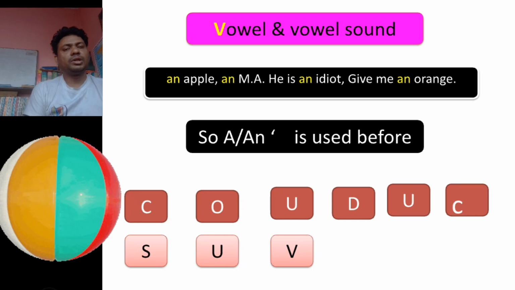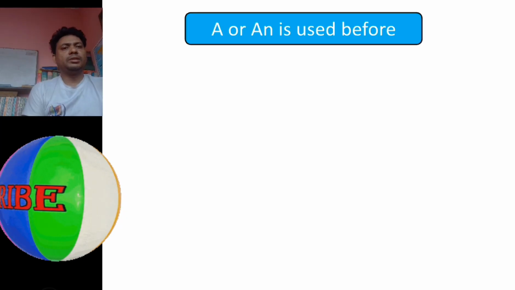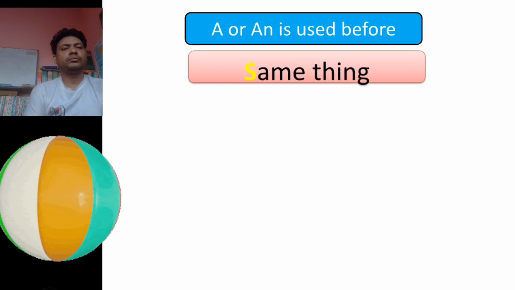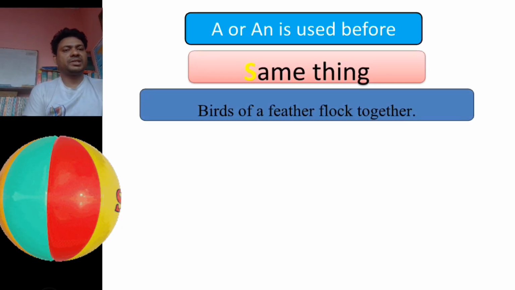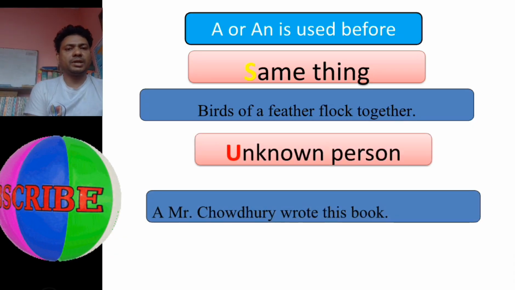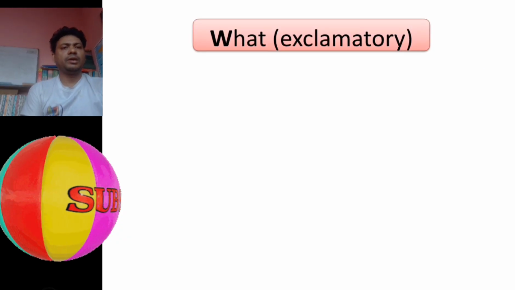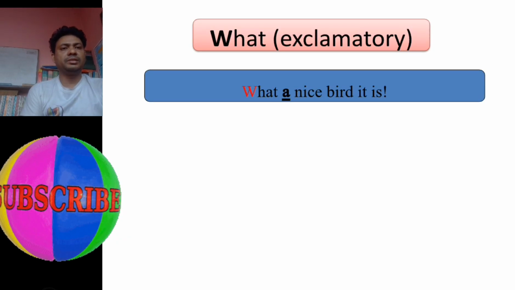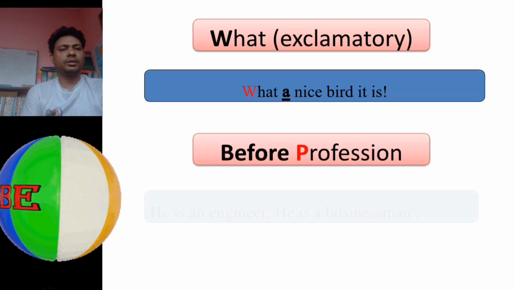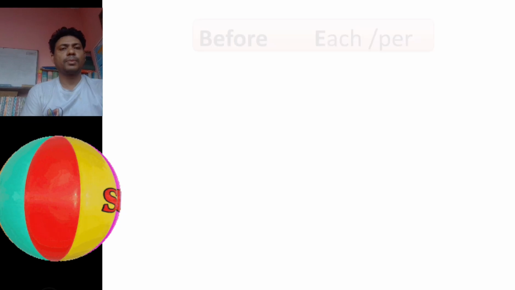সংক্ষেপে মনে রাখার উপায় SUV. A or an is used before same thing. Birds of a feather flock together. Unknown person, অপরিচিত কোনো ব্যক্তি. A Mr. Chaudhary wrote this book. What? Exclamatory sentence এর পূর্বে a or an বসে. What a nice bird it is. Before past profession: he is an engineer. He is a businessman.